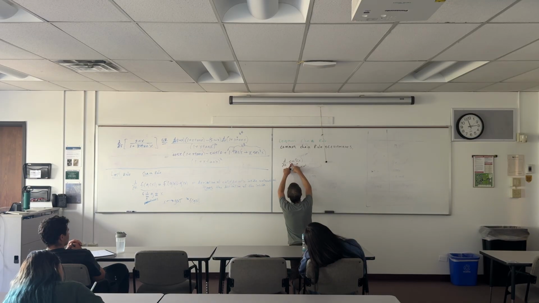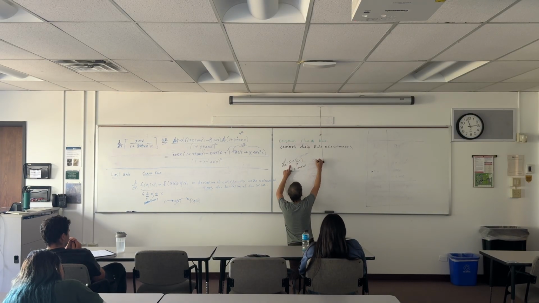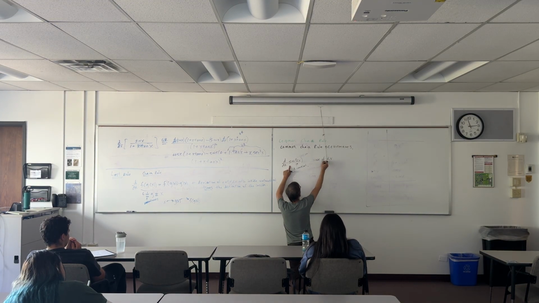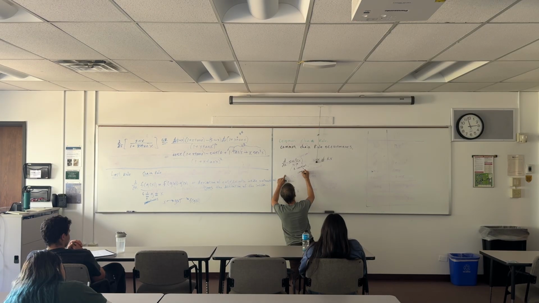So here the outside is the sine. Notice how I read this. This is sine of k times x. That's how I'm reading that. Here's the "of." That tells me it's composition. These parentheses tell me it is composition.